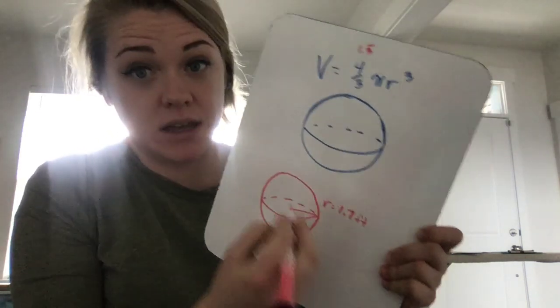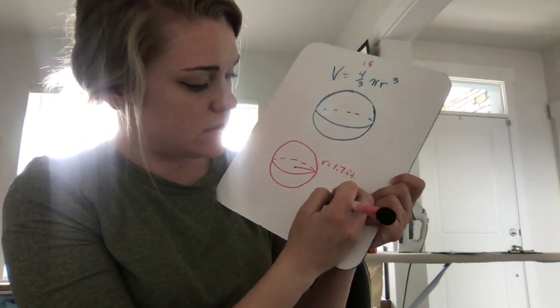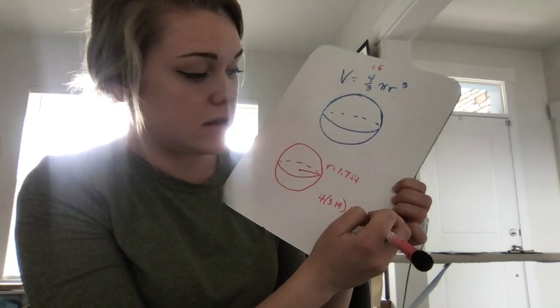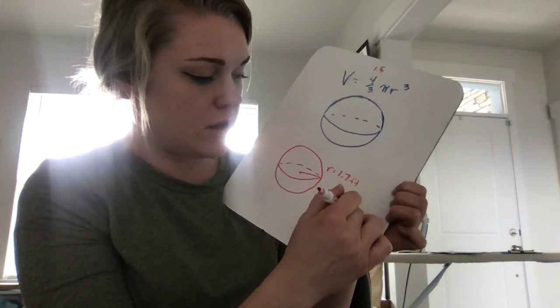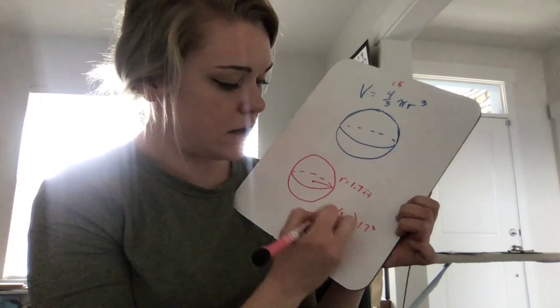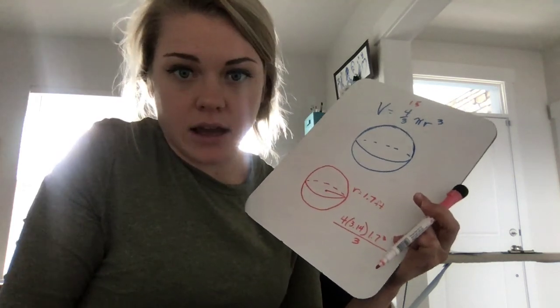So again, I just plug this into my equation. So 4 times 3.14 times 1.7 cubed, so 1.7 times 1.7 times 1.7. And divide all of that by 3. Handy dandy calculator.